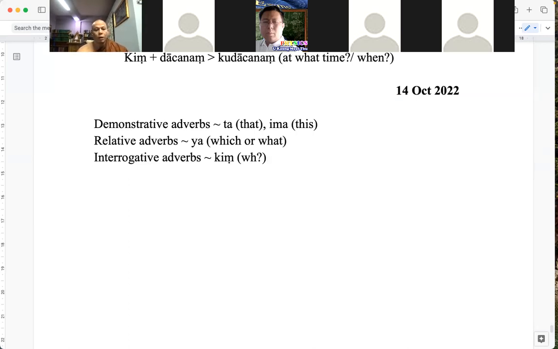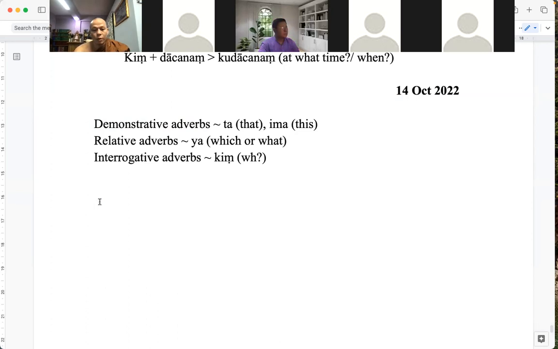So okay, to use the demonstrative adverbs in a sentence is very simple. Just put them before the verb commonly. So for example, we already learned 'aham dhāvāmi', just 'I run'.